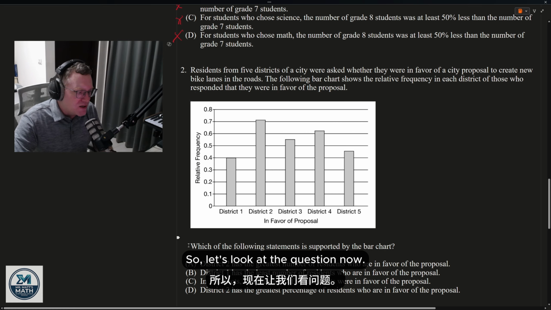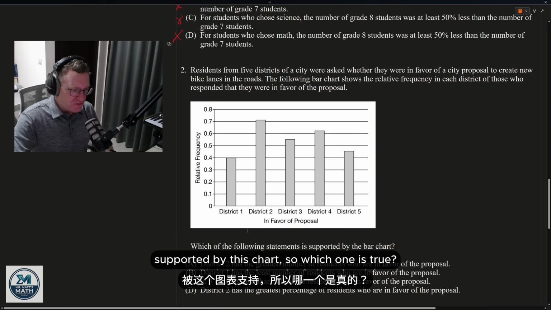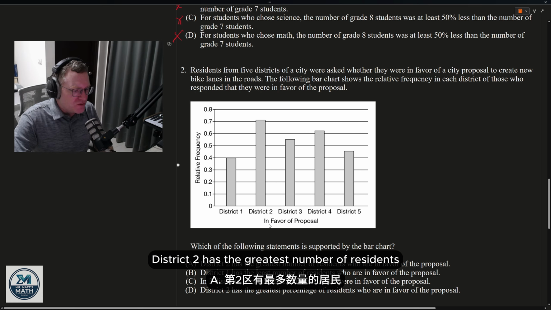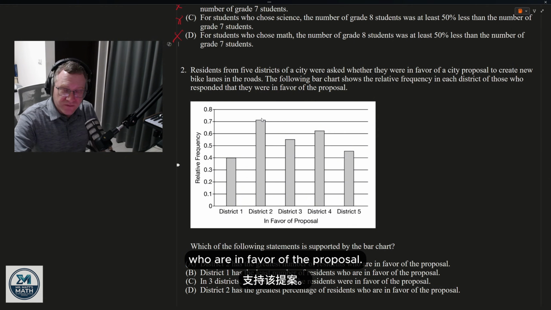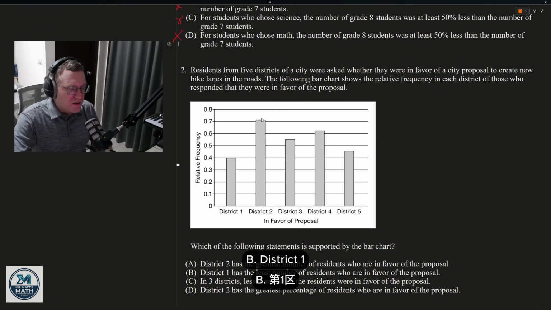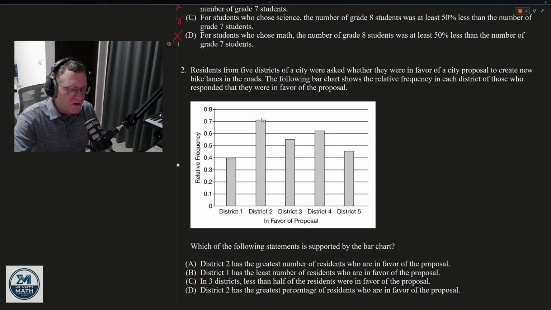Okay, so let's look at the question now. It says, which of the following statements is supported by this chart? So which one is true? A, District 2 has the greatest number of residents who are in favor of the proposal. B, District 1 has the least number of residents who are in favor of the proposal.